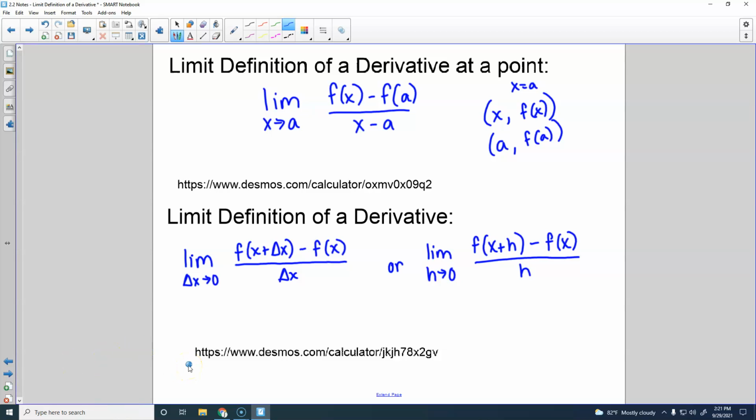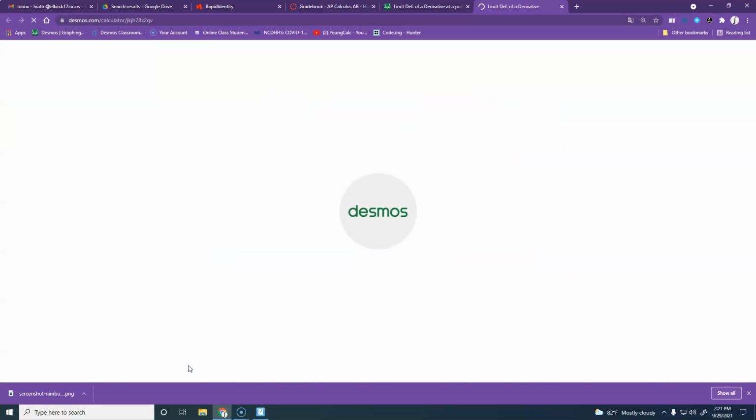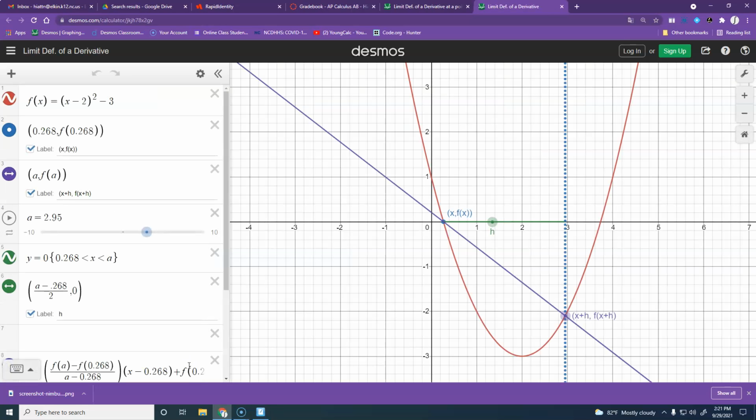So let's look at what in the world this is and where it comes from. Let me fix that. It should have another parentheses there. All right, so instead of calling this f of x, or x, f of x, and a, f of a, like we did on the other one, which I think is a little easier to understand as far as looking at it goes, I'm going to call this point right here x, f of x.